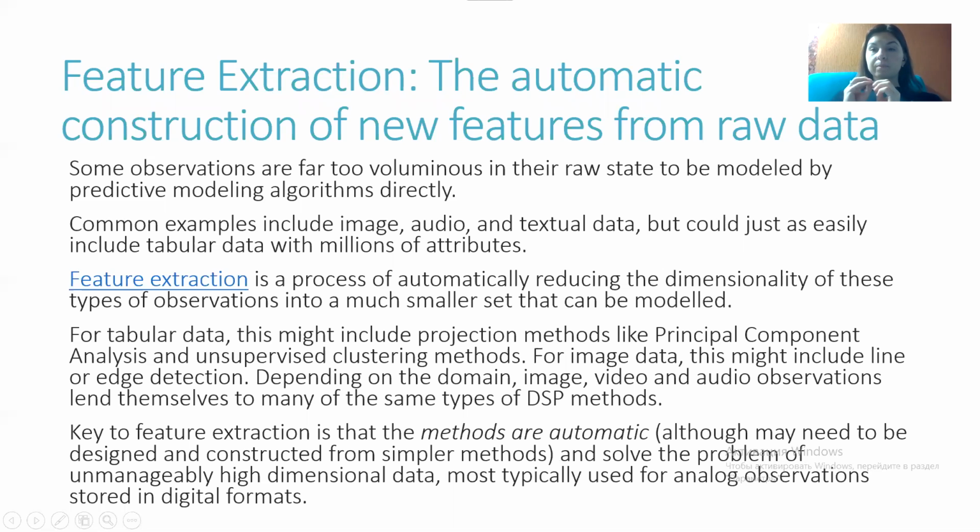So feature engineering is a process of feature creation, extracting features from our raw data. Feature extraction, the automatic construction of new features from raw data. The key word is automatic construction.